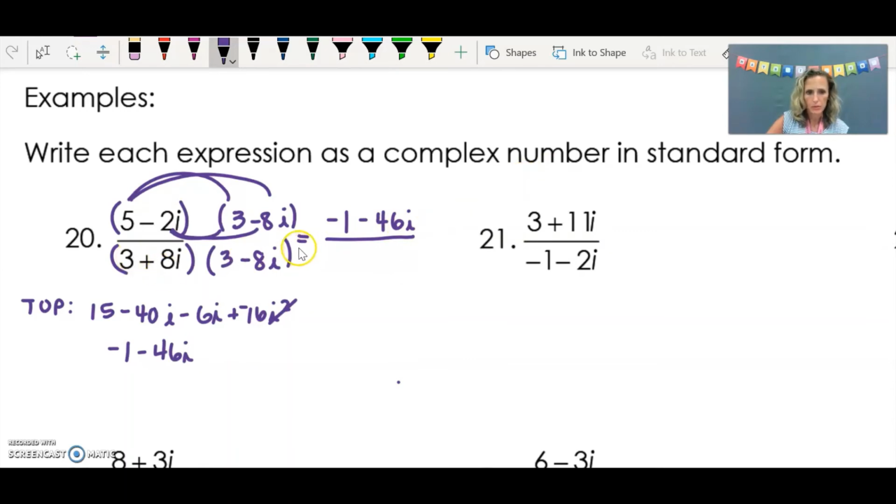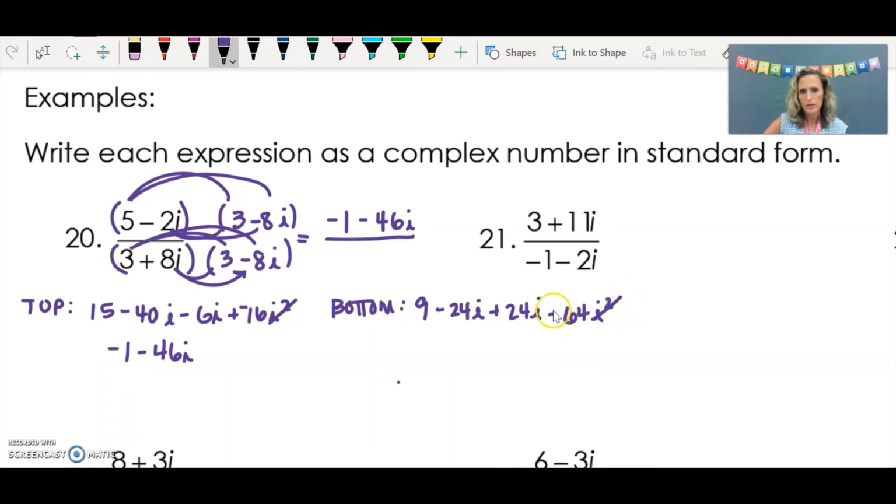Now I got to do the same thing for the bottom, aka denominator. So I've got 3 times 3, which is 9, 3 times -8i, which is -24i, 8i times 3, that's a positive 24i, which is what I expected, same terms, opposite signs in the middle, and then 8 times -8, that gives me -64i squared.